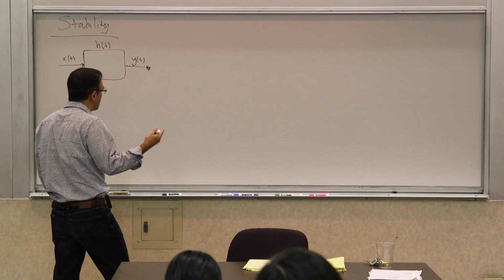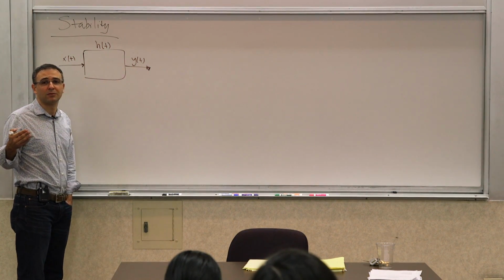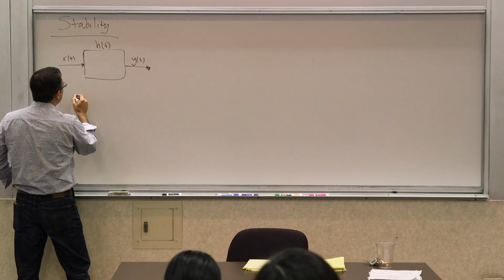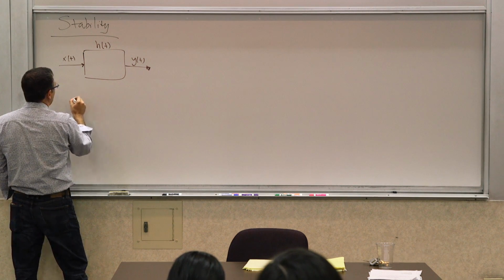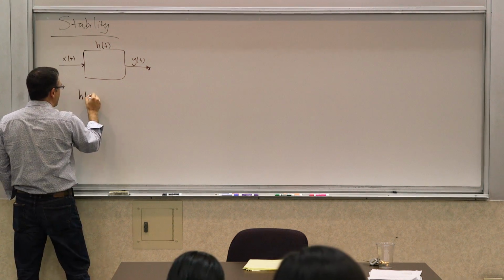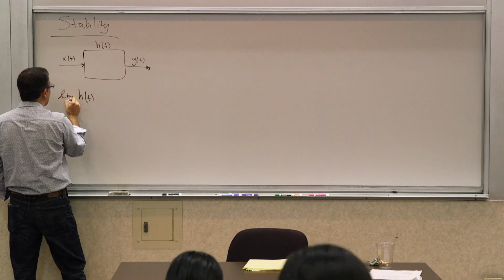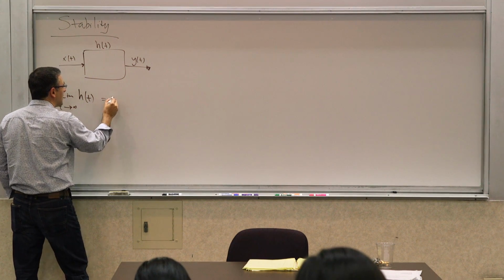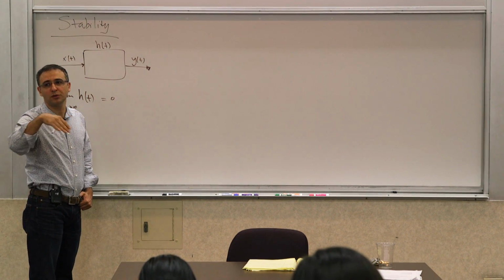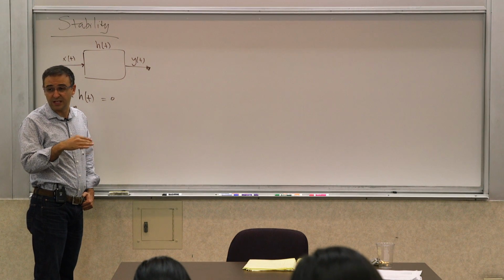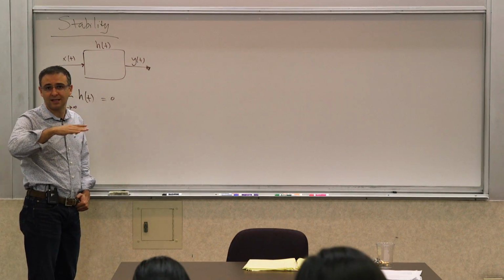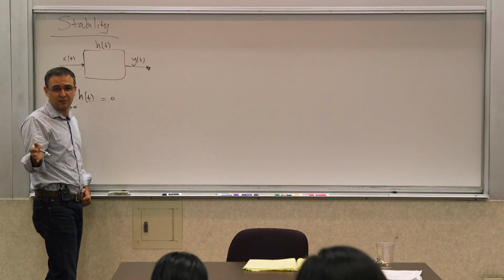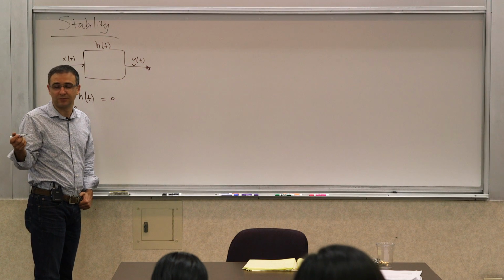the system's stable. And that's a good way of analyzing it. That's basically what we call the absolute stability of the system, which means that if you look at the system and say, well, okay, if this is the impulse response and the limit of the impulse response when t goes to infinity is zero, meaning that the impulse response eventually converges to zero, it dissipates, it diminishes, this system will be stable because its output cannot explode for finite input, right?